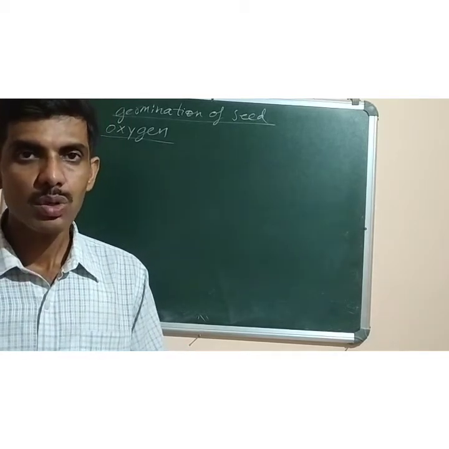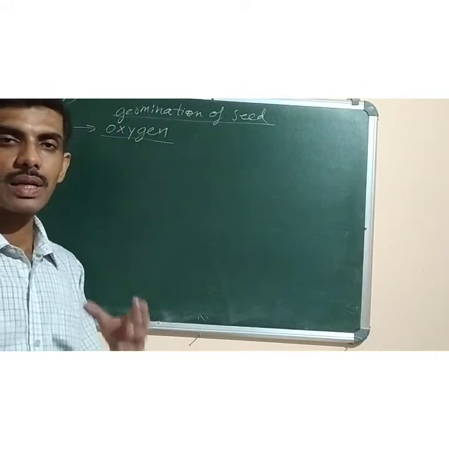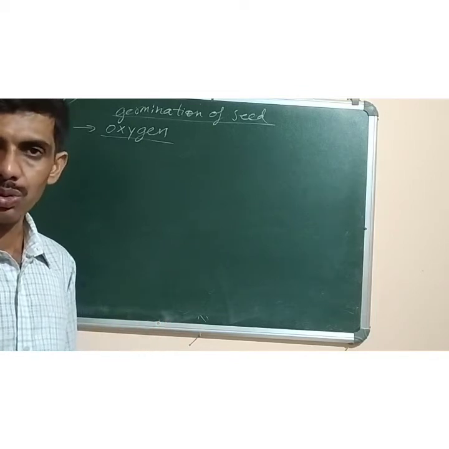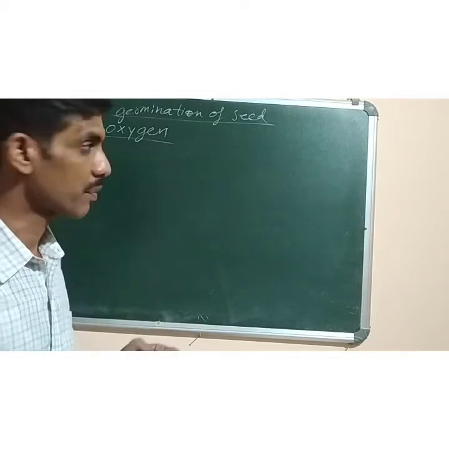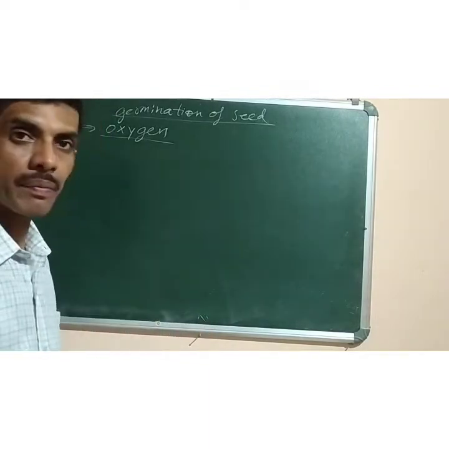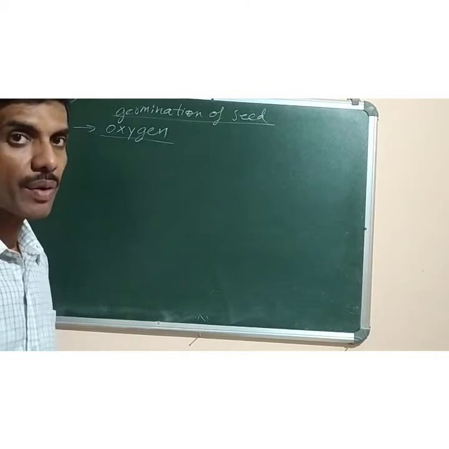require oxygen to produce energy because germination needs energy to grow the shoot system and the root system. For the process of germination, energy is required, which is brought about by the process of respiration that is done in the presence of oxygen.